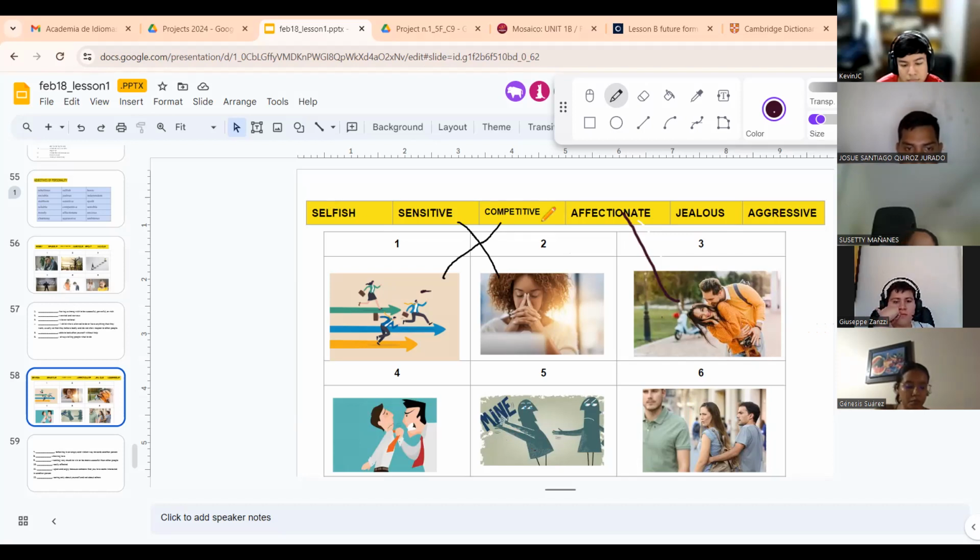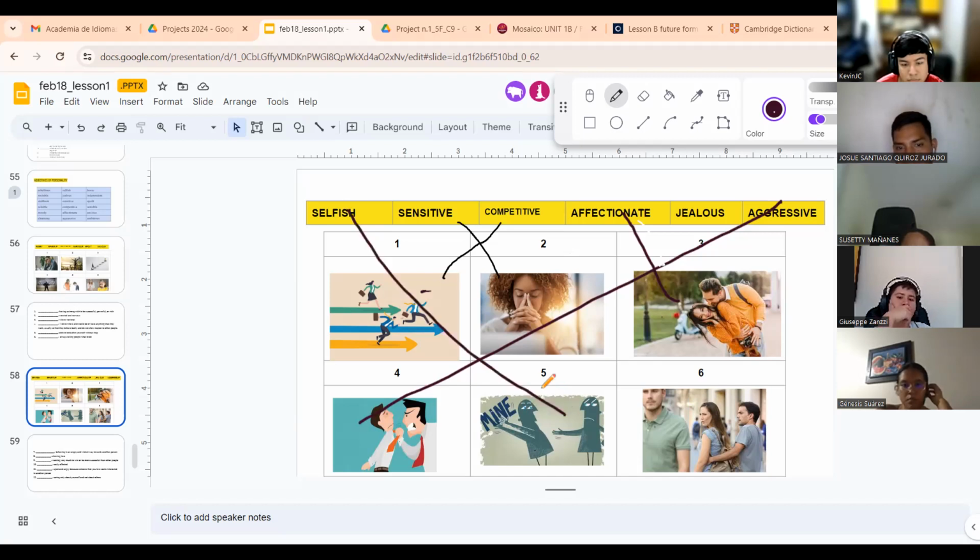Number four, jealous, is aggressive. Okay, aggressive. And number five, Josue, five is selfish. That leaves us number six, jealous. Okay, good job.